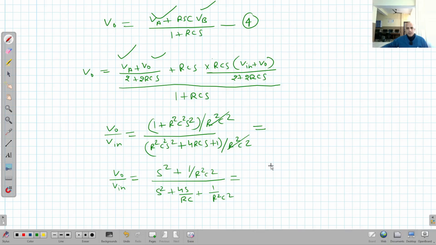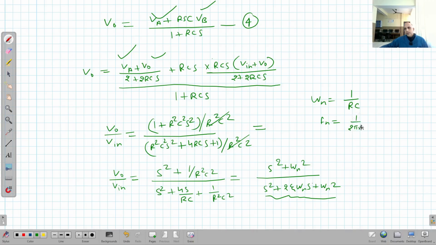Now this equation can be written as S square plus omega n square divided by S square plus 2 zeta omega n S plus omega n square. Clear? Here omega n is equal to 1 upon RC, so Fn is equal to 1 upon 2 pi RC.